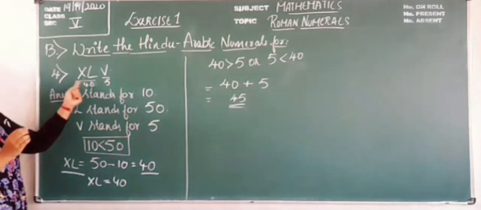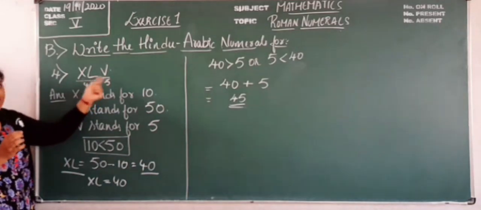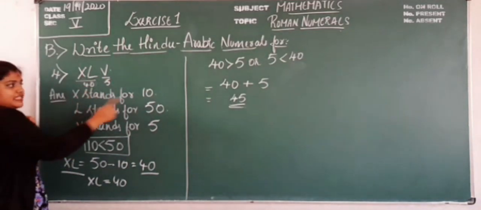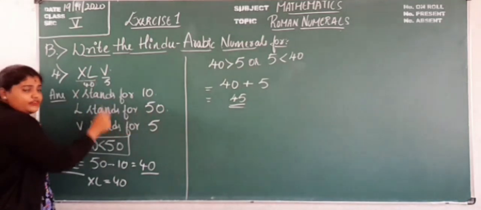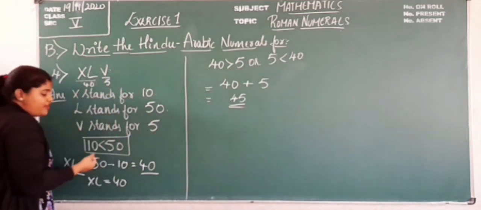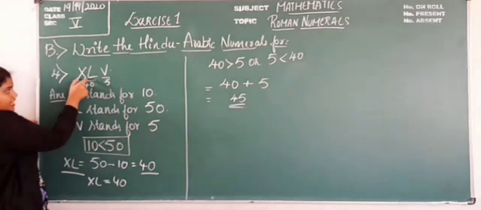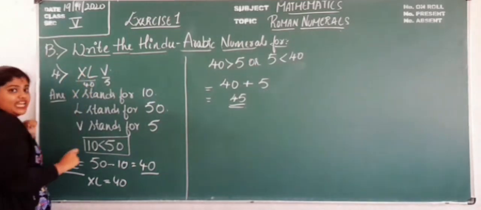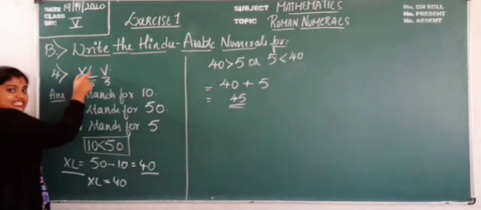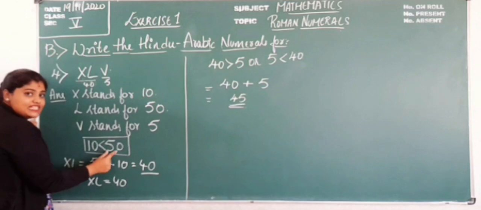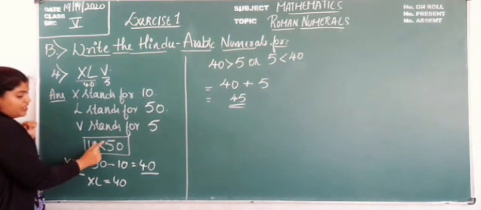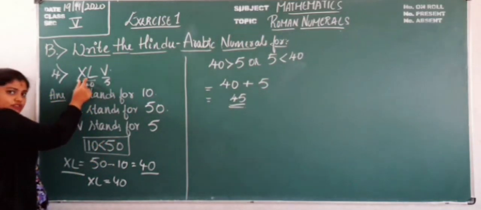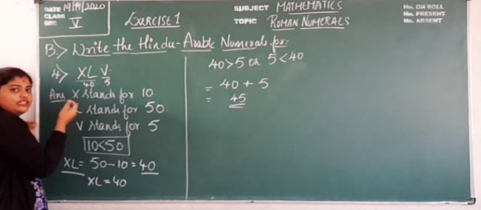So first the question is XL. Next we have XLV. The value of X is 10, the value of L is 50, and the value of V is 5. We also know that X is less than L, 10 is less than 50. So if we write a smaller value symbol before a greater value, it is subtraction.